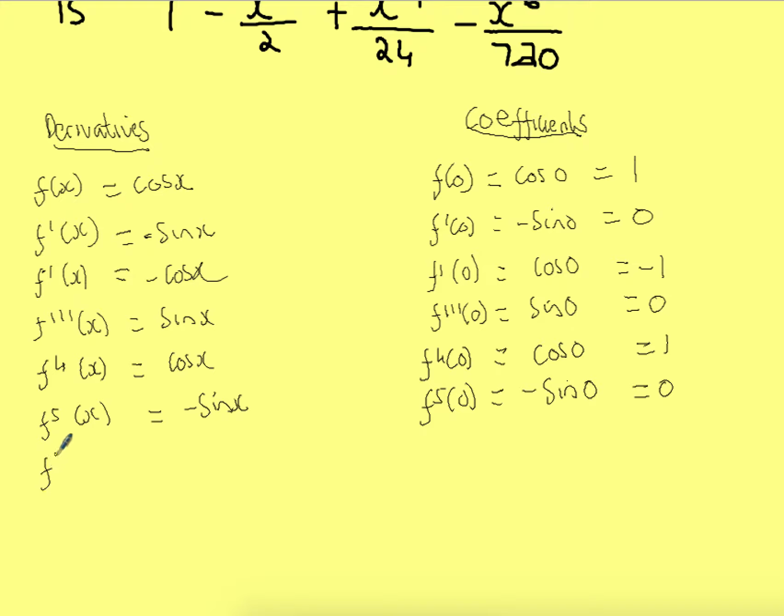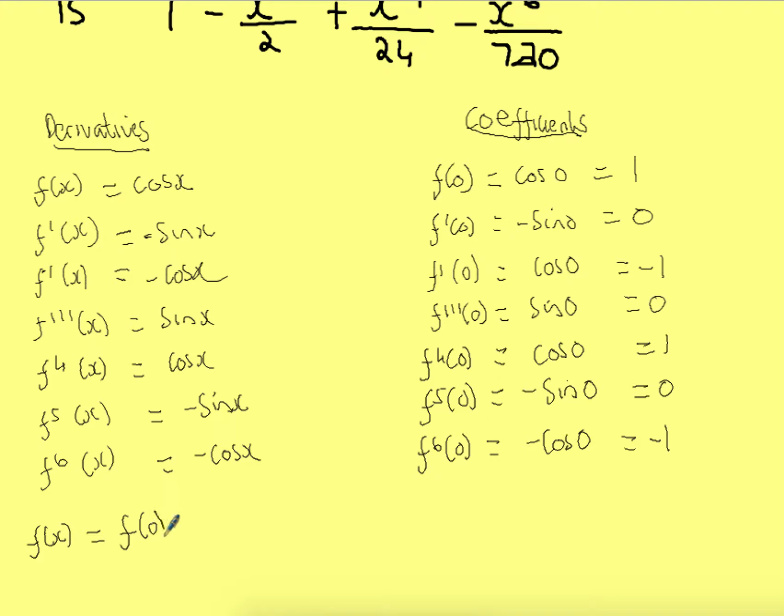And lastly, the sixth derivative at x is negative cos x. So the sixth derivative at 0 is negative cos 0, which is 1. I'm sorry, negative 1.